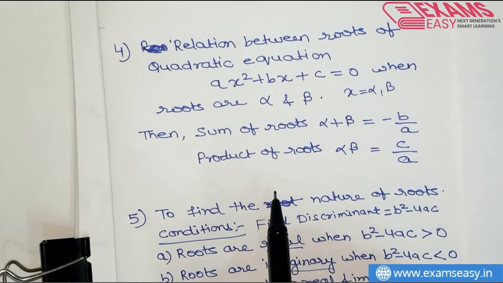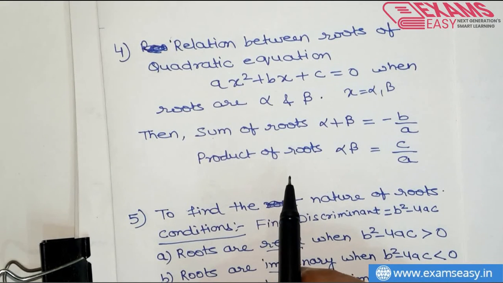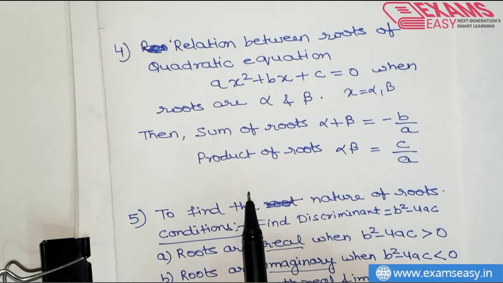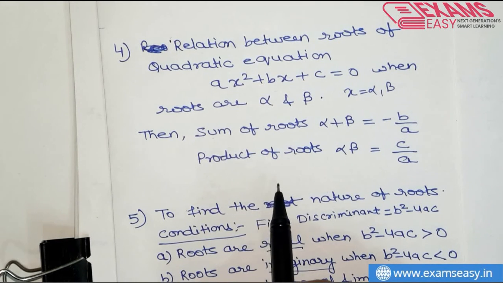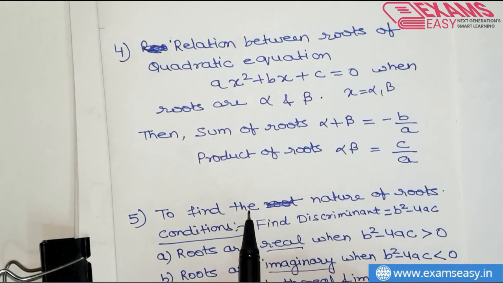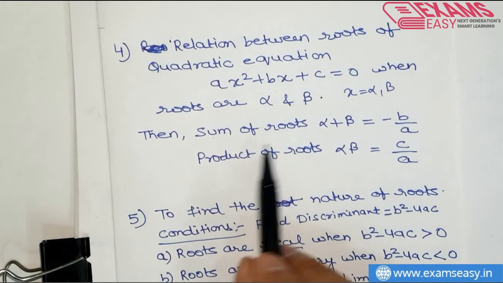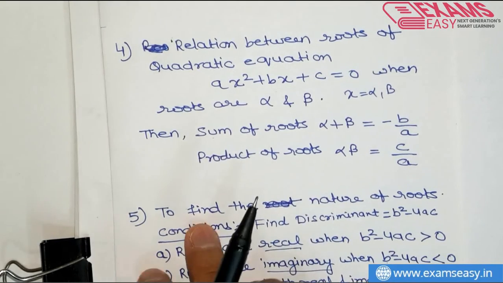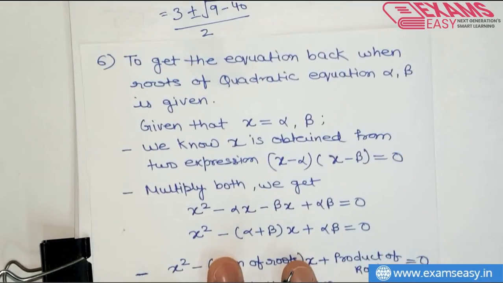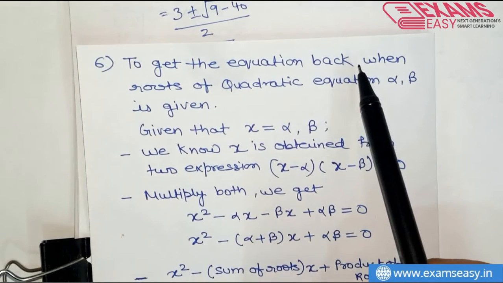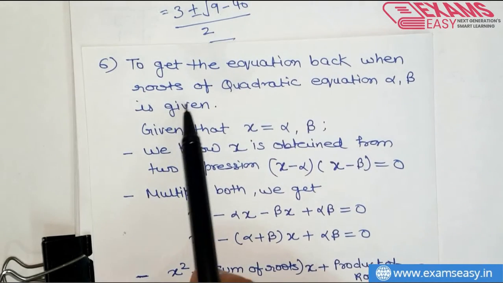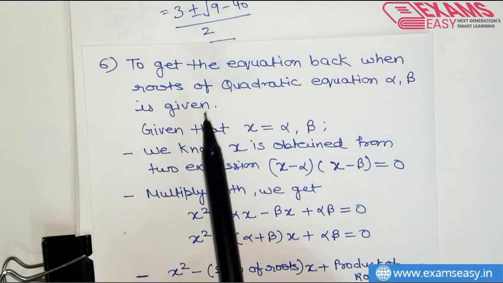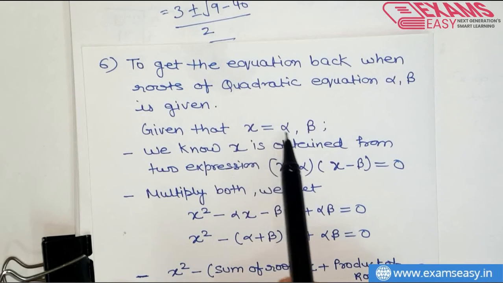Till now we have been calculating the roots from the quadratic equation. Now we can also find the quadratic equation from the roots. If we are given the roots or the relation between the roots, then we can calculate the quadratic equation too. Let us see how. To get the equation back, when the roots of the quadratic equation alpha and beta are given, then x is equal to alpha and beta.